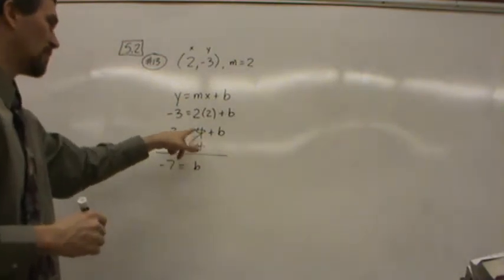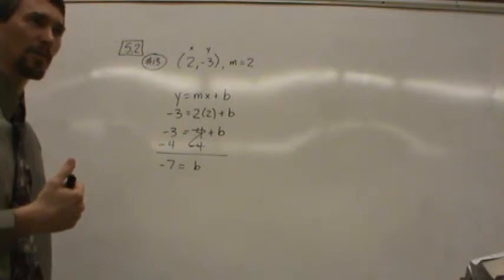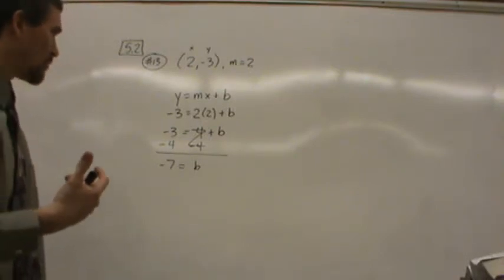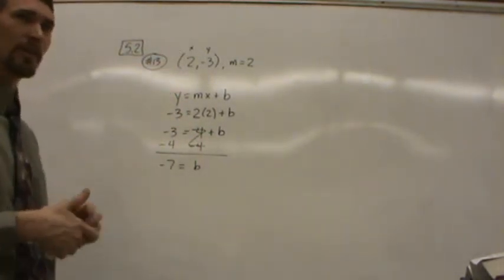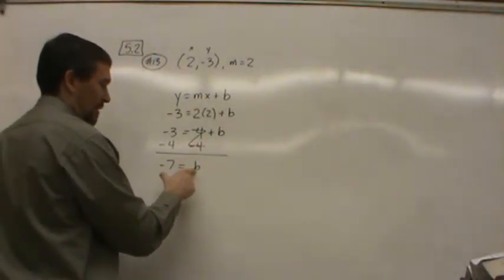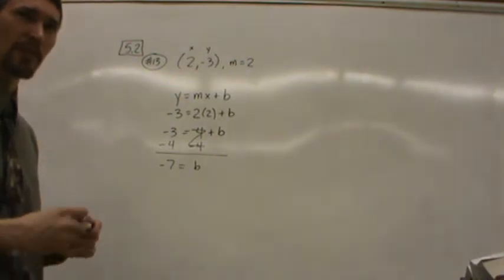This stuff should look very familiar to all my students, because we've spent hours and hours talking about it and practicing it. So now this, of course, becomes a sideshow to the real deal, which is finding out what b is. So you get down here, b is -7.